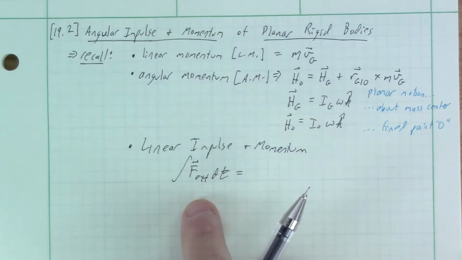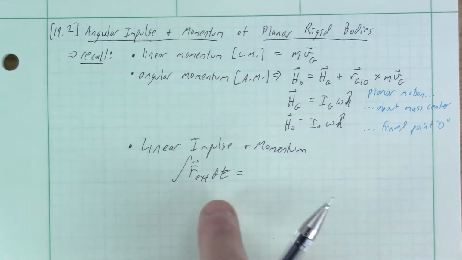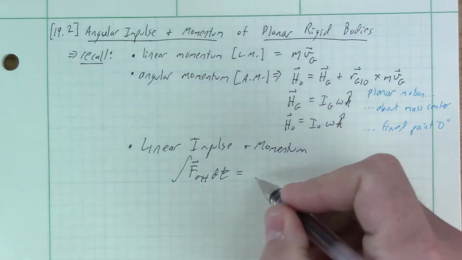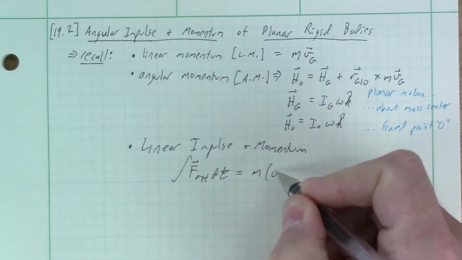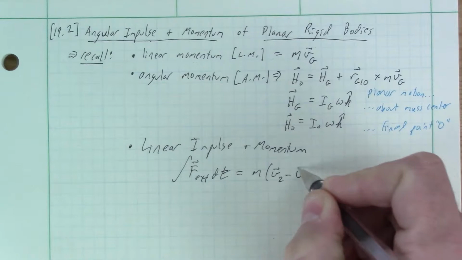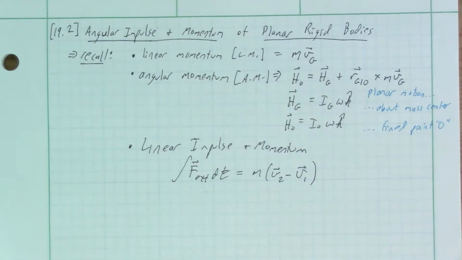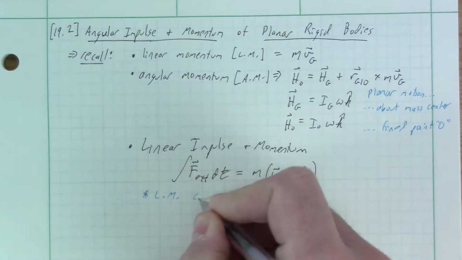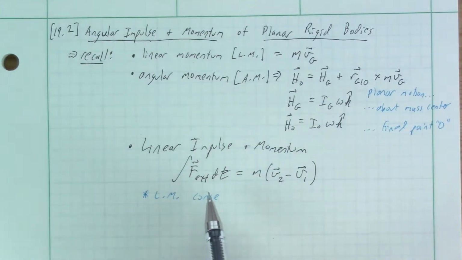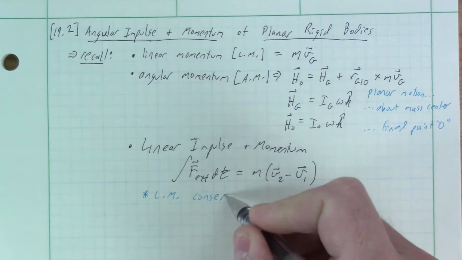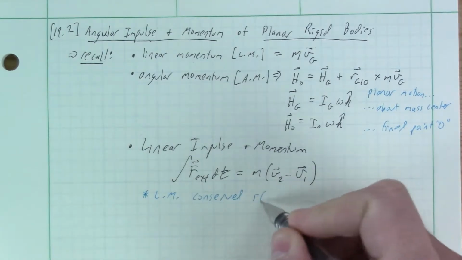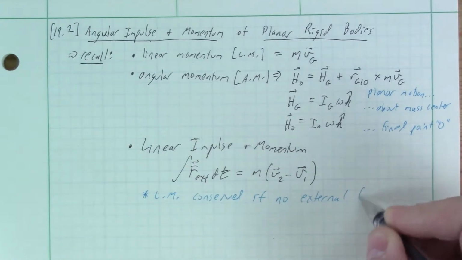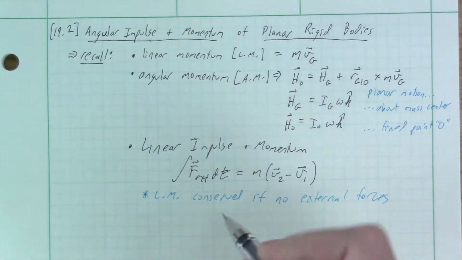So our impulse is the accumulation of force over time, and that equaled the change in momentum. And so basically, the left-hand side could be assumed to be 0, which would be the case where there are no external forces, or maybe no net external force.